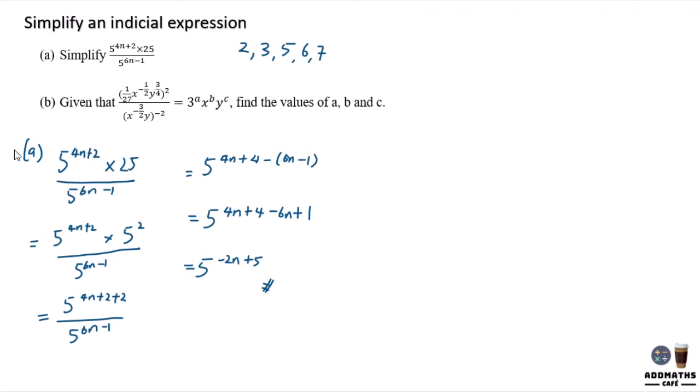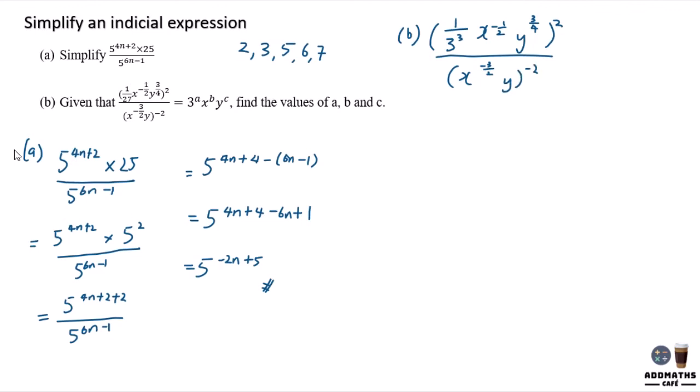For question B, we need to simplify this question into this form. So we have this. 1 over 27 means 1 over 3 to the power of 3, and x to the power of negative 1 over 2, y to the power of 3 over 4, bracket with square, over x to the power of negative 3 over 2, y to the power of negative 2.